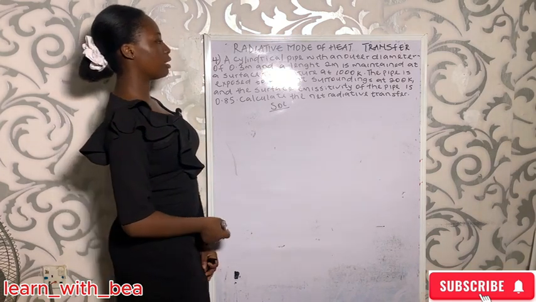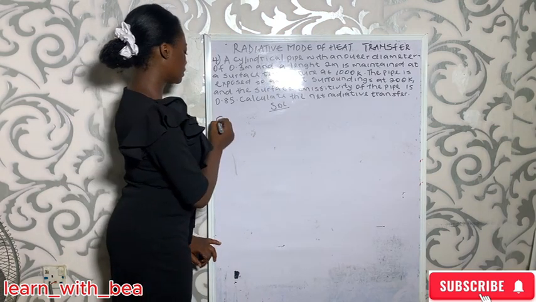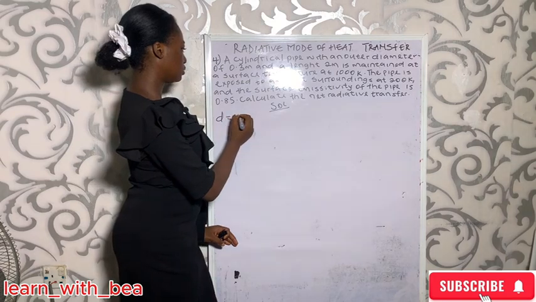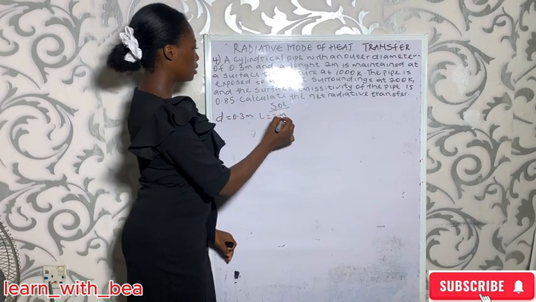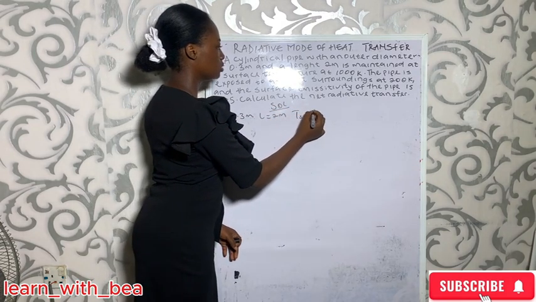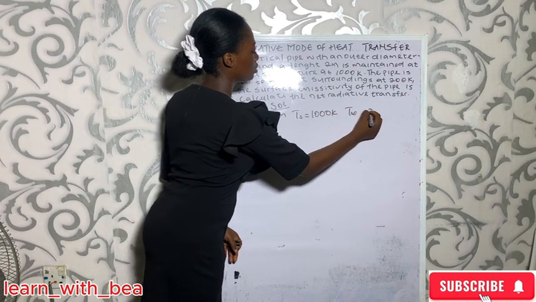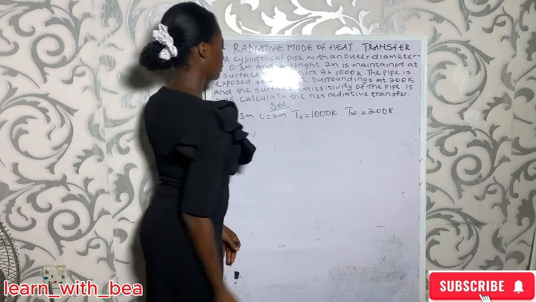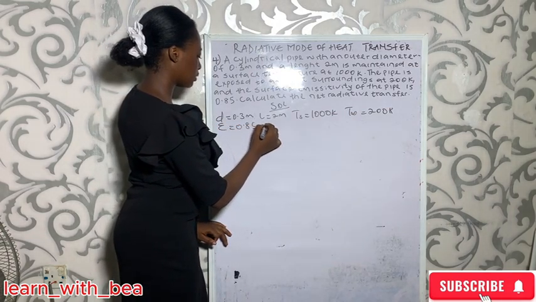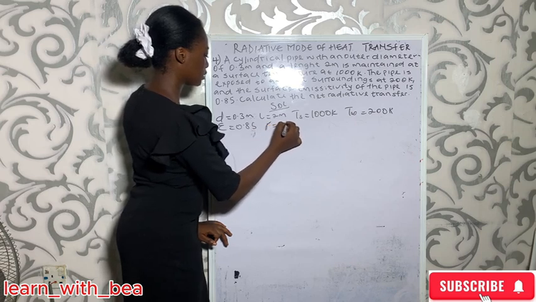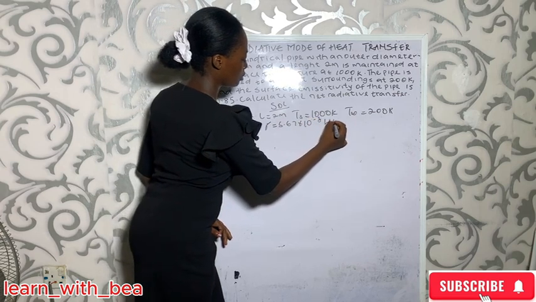So let's write out our parameters as usual. We're given diameter to be 0.3 meter, length to be 2 meter, the surface temperature to be 1000 Kelvin, the ambient temperature to be 200 Kelvin, the emissivity is 0.85, and our constant is 5.67 times 10 to the minus 8 watts per meter squared Kelvin to the fourth.